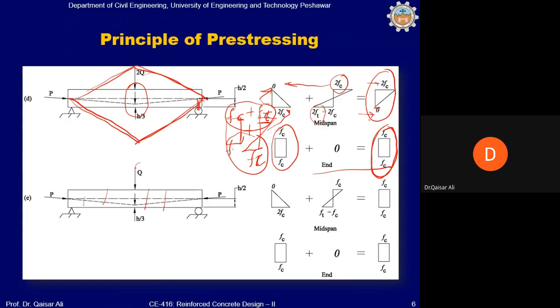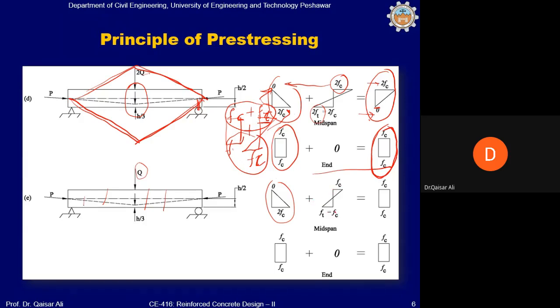Okay, once we apply load Q and the eccentricity is variable, you know that at the midspan before the application of the load, as was the case in the previous case, 0 and 2FC state of stress will be produced. But this time the load is not 2Q, it is Q, so instead of 2FC and 2FT, it will be plus FC and FT.